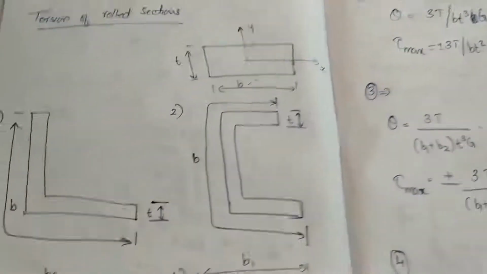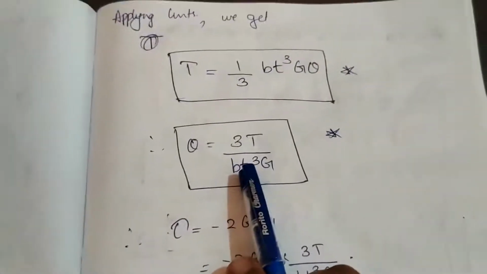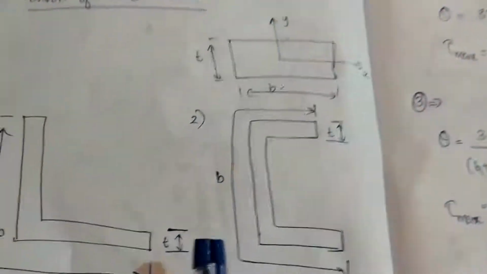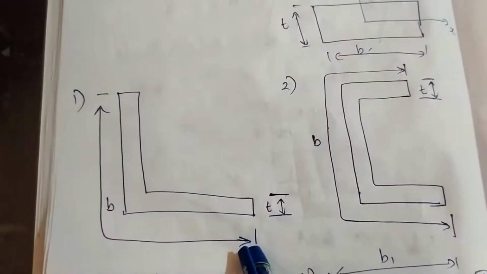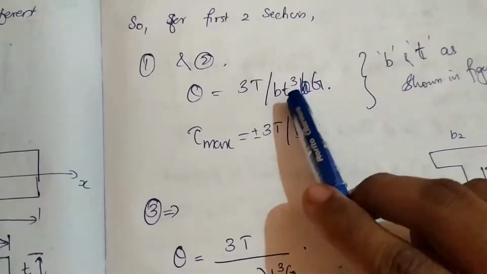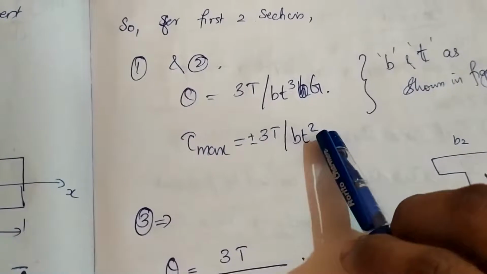In the first case, theta for a rectangular cross section is 3T by B T cube G. Since this is the B, it is nothing but 3T by B T cube into G itself, there is no change in that.